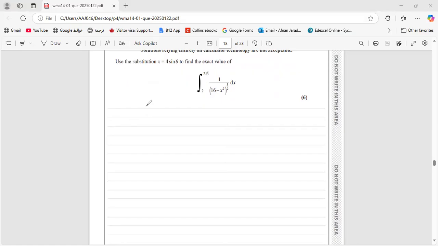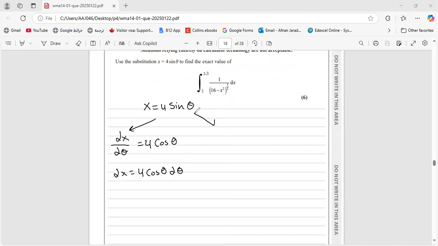Okay. X equals 4 sine theta, you will use it to find dx over d theta, which equals 4 cosine theta. So dx equals 4 cosine theta d theta.